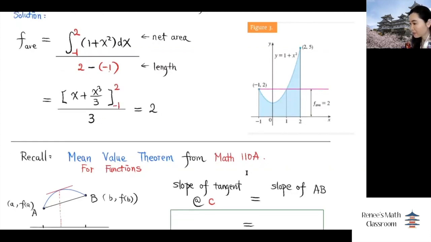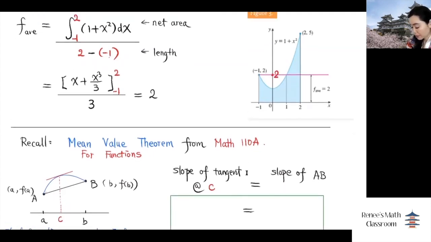Now, to help you visualize it, I graphed this function, 1 plus x squared, over here. This is the graph. Here is -1, here is 2. I find the average value of this function on -1 to 2 is equal to 2, over here. So what does it mean? That's the average value of the function on -1 to 2.